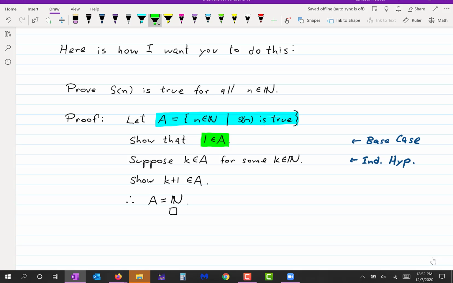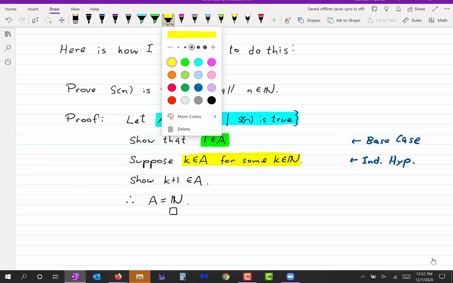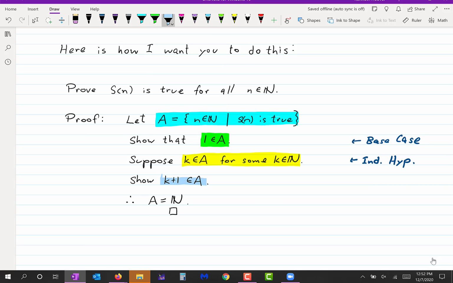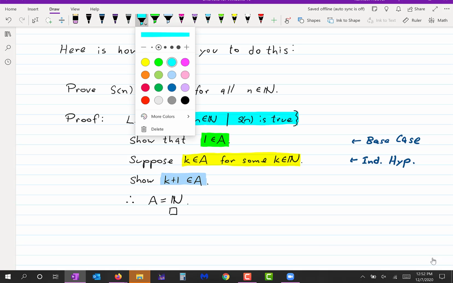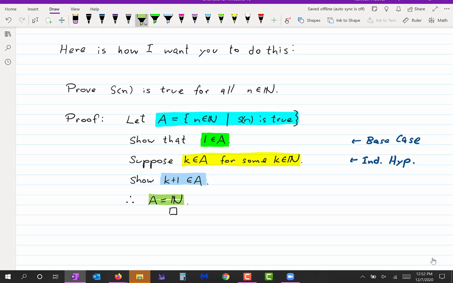When you do your inductive hypothesis, all you have to do is say, suppose some natural number k is an element of A. So we're using the language of set theory. Okay, and it will help you a lot and keep you from developing some bad habits that I see a lot of. And then we can conclude that A is all natural numbers, meaning the statement is true for all natural numbers.